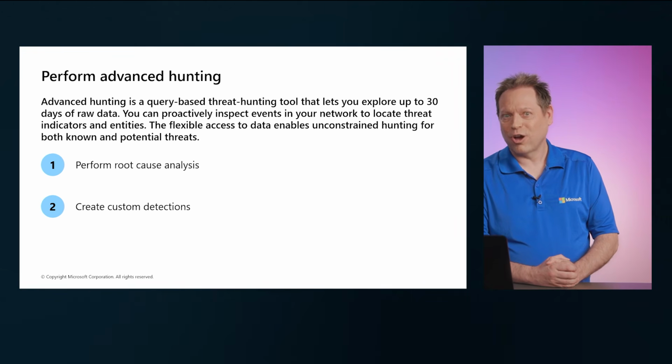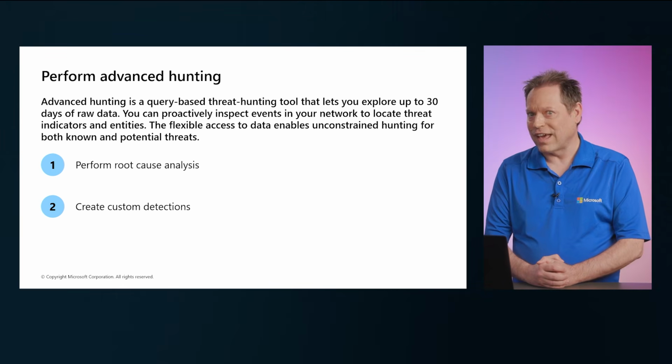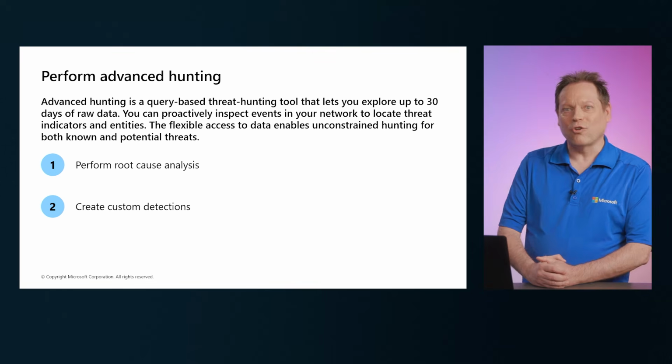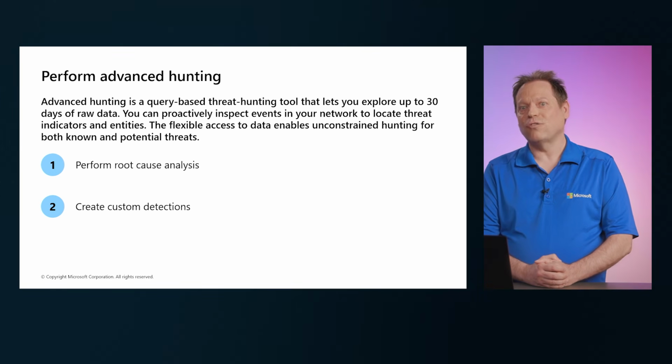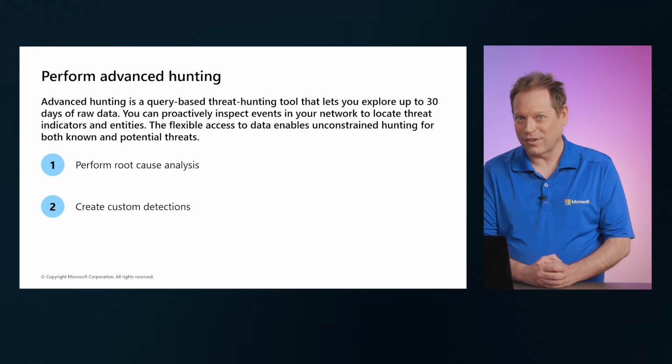Two common outcomes of advanced hunting are performing root cause analysis and creating custom detections based on what you discovered. There's also a supporting video focused on advanced hunting from the Defender for Endpoint perspective that can help you reinforce those concepts.